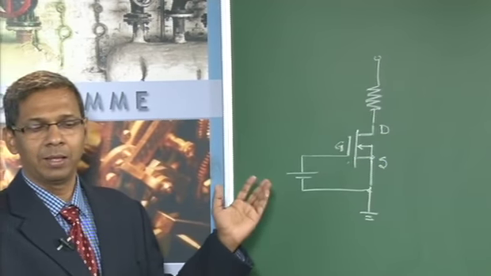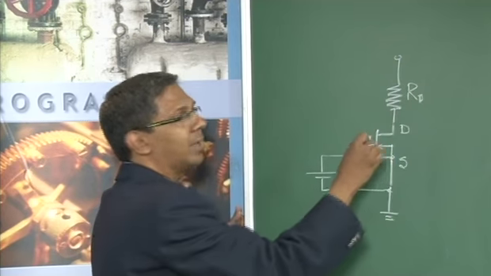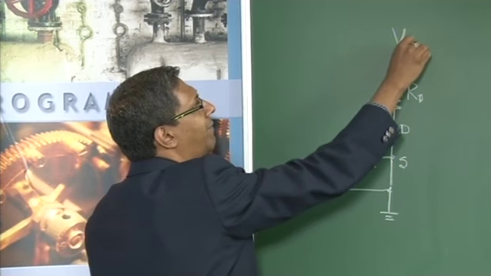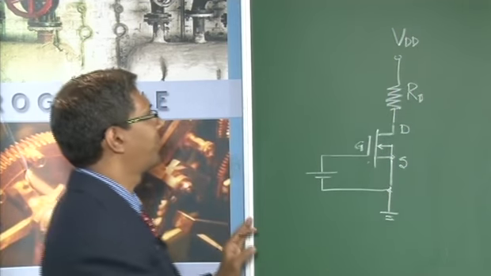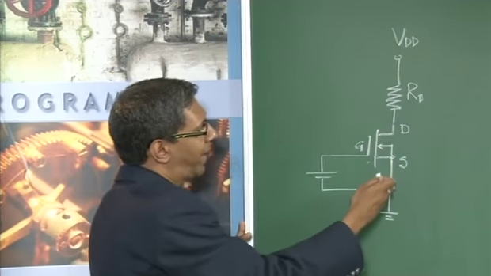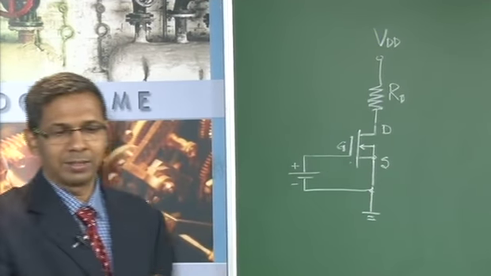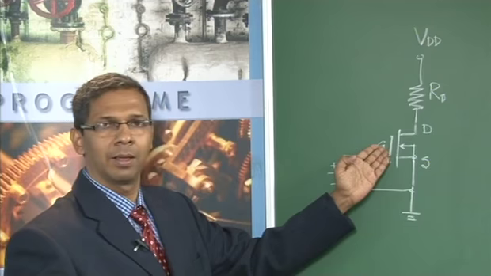Finally you are going to have a resistance called RD. You also have a supply voltage which we call VDD. Why VDD? Because I am connecting it to the drain, otherwise it's one and the same. If I connect the plus to the gate, what is happening?